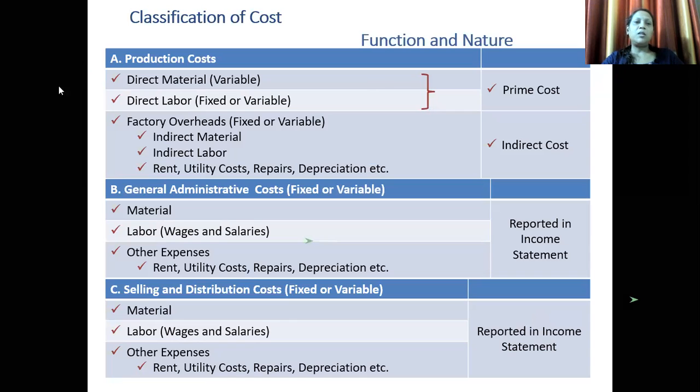So function and nature, this is an example. Production cost: direct material, direct labor, factory overheads, this is prime cost and indirect cost. And general administrative cost is material, labor, other expenses, they are reported in income statement. And selling and distribution cost, material, labor, and other are reported in income statement also.